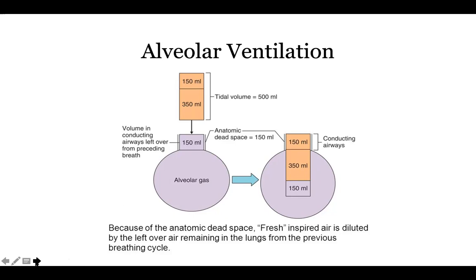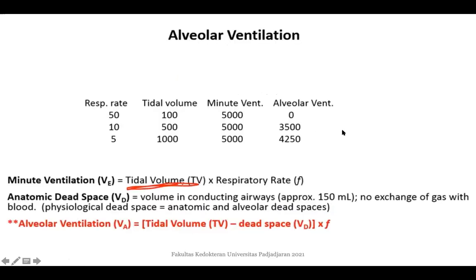So how can we know that for sure? We really have to consider how much that conducting volume is, which is the same thing we refer to as dead space.